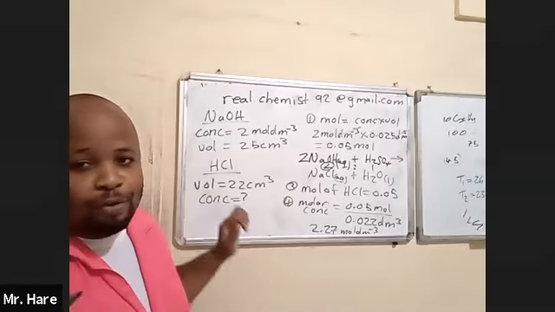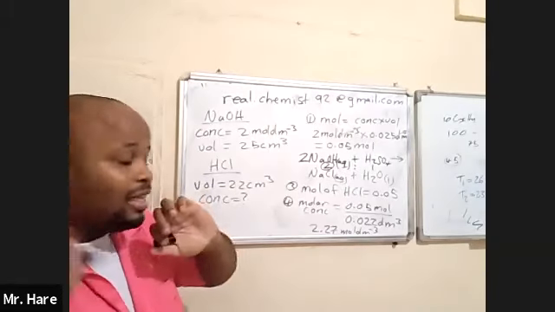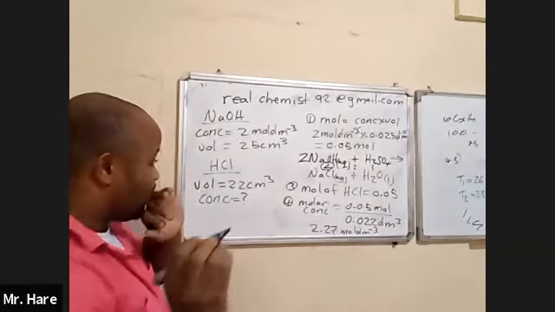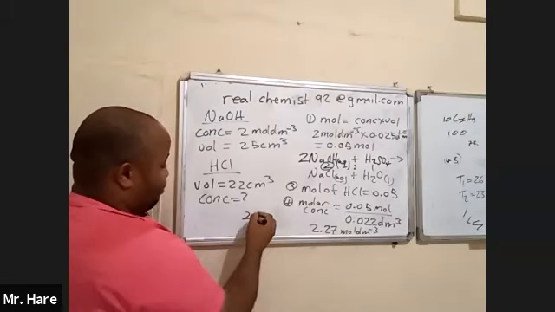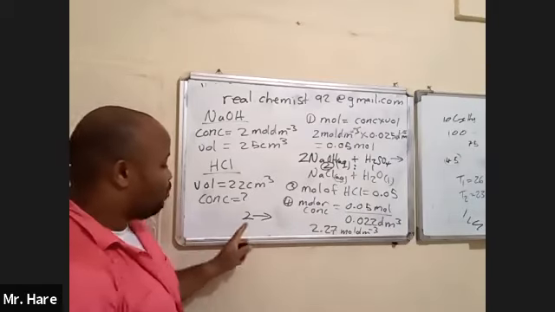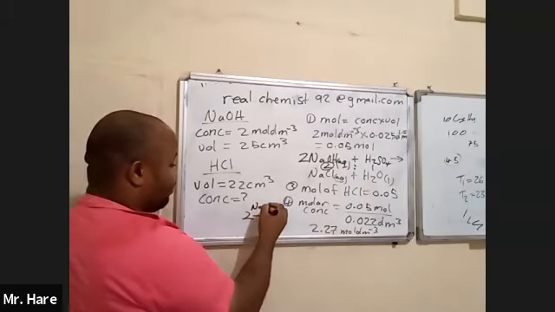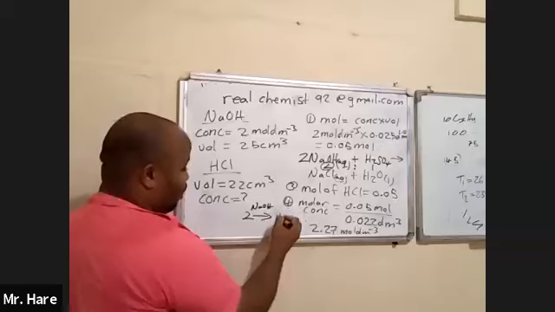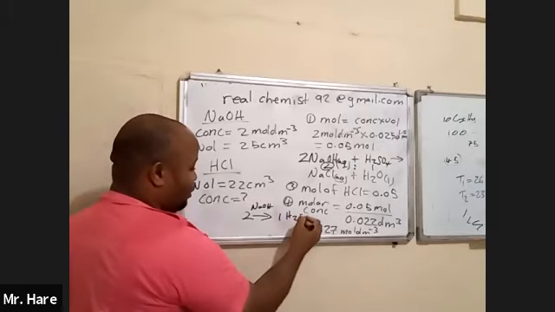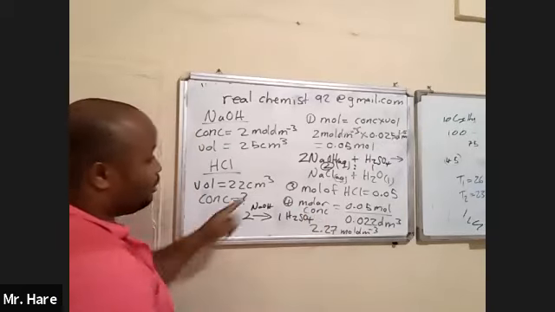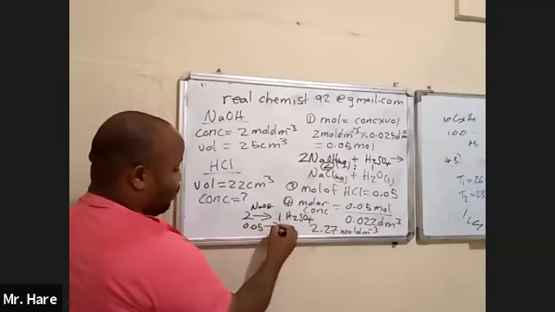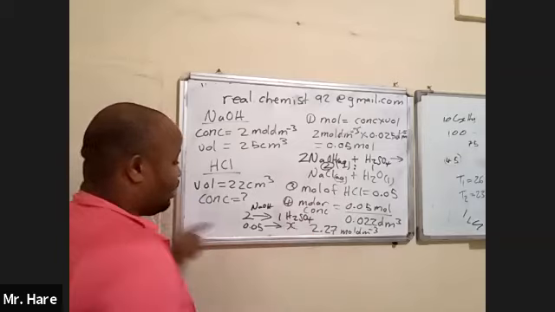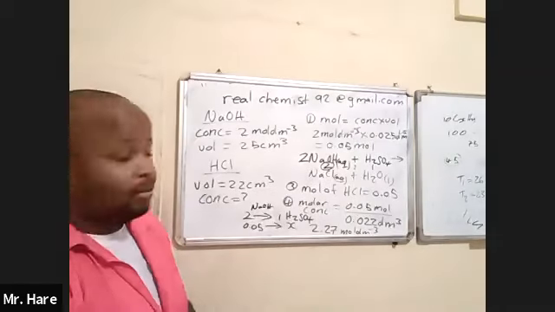So if you get a mole ratio question, the safest way to do it, all right, just do it like so: 2 moles of NaOH react with 1 mole of sulfuric acid, all right? Therefore, 0.05 would react with X, and you just transpose.